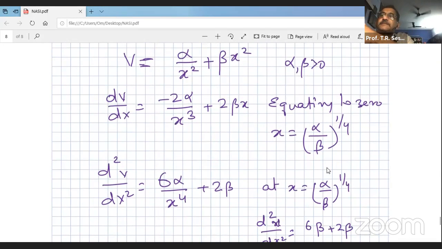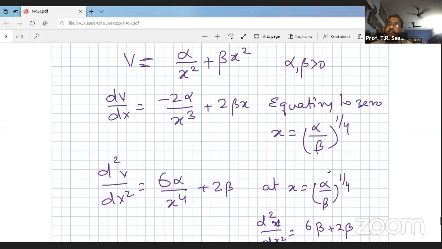Let me consider some simple example. I have a potential, say some arbitrary potential, alpha divided by x square plus beta into x square, with alpha and beta greater than 0.